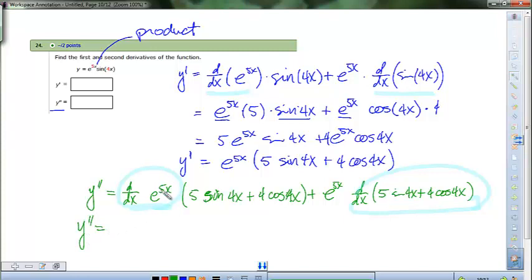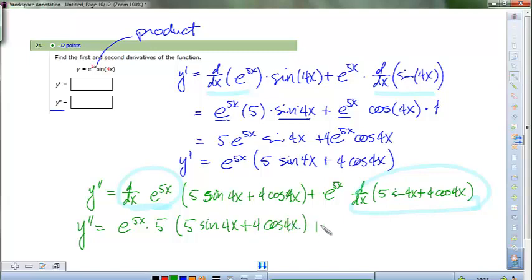So the derivative of e to the 5x, we already did that up here, right? It's e to the 5x times 5. And then we leave this alone, plus e to the 5x, and then now we need to take the derivative of this big mess.